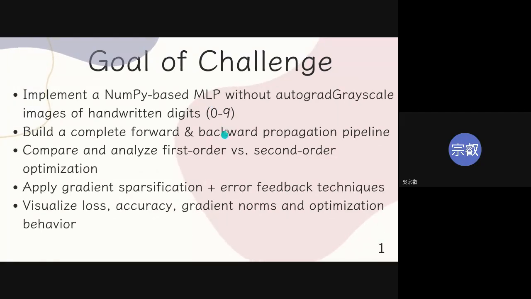And this is the goal of our challenge. First, we are required to implement a fully functional multi-layer perceptron, or MLP, using only NumPy. That means designing the forward and backward pass completely by hand based on the chain rule and matrix calculus.